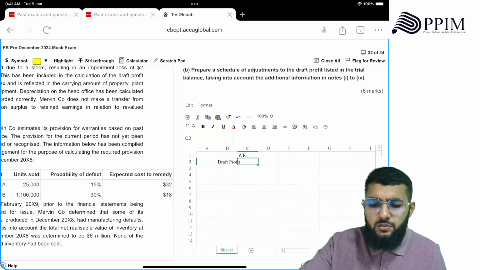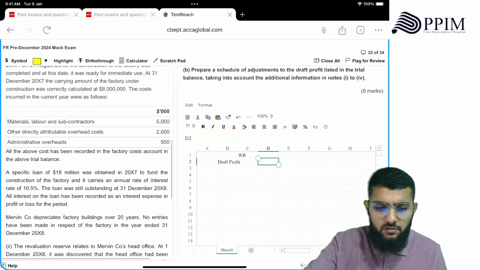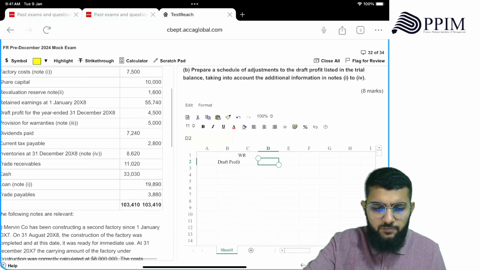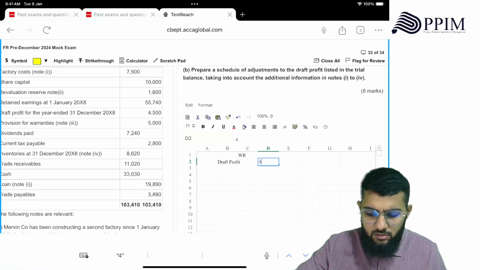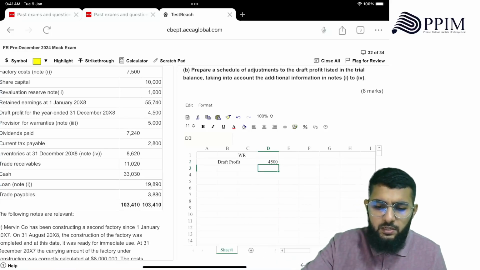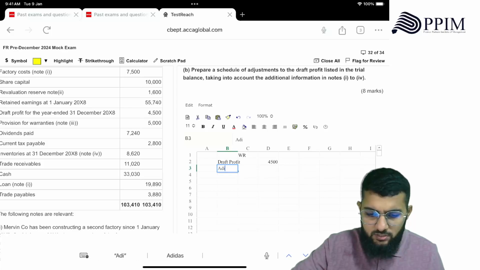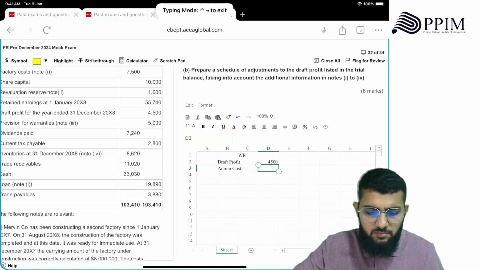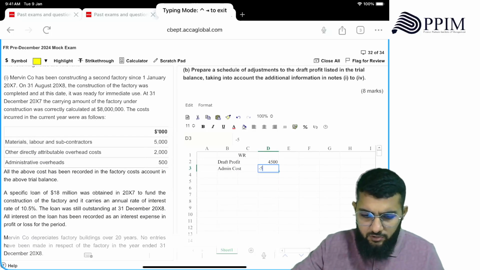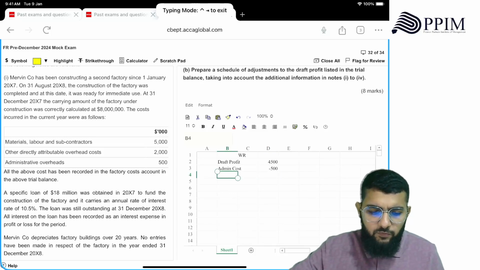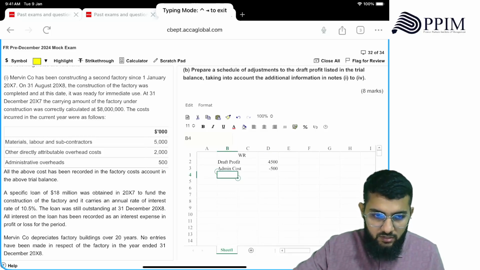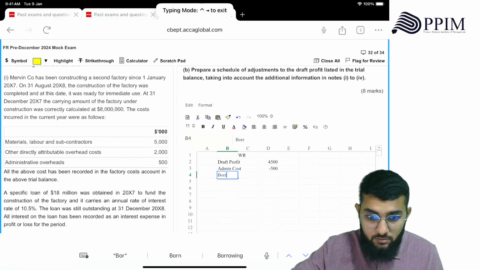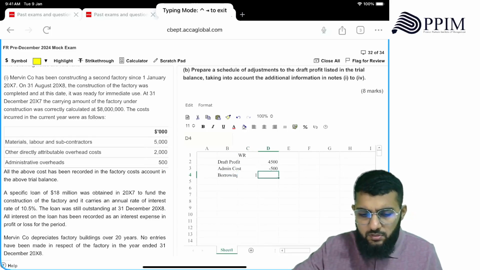Working reference. Draft profit. How much is the draft profit given here? Draft profit given was 4,500. Right. Then what were the adjustments? Admin cost adjustment was done. How much was the admin cost that was added? 500. Right. Then what adjustment did we do? We did the borrowing cost. Yeah, you can call it interest reversal, but give the reference.